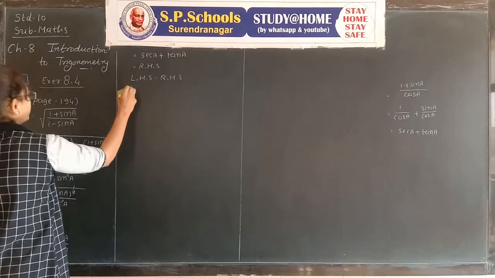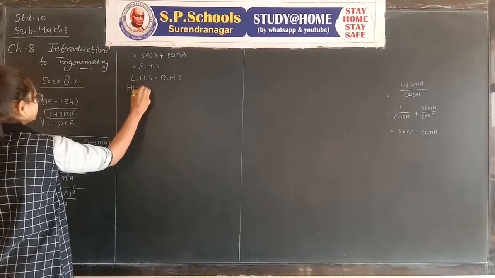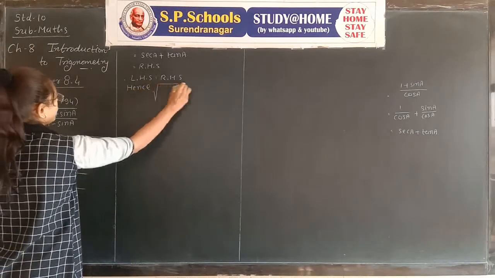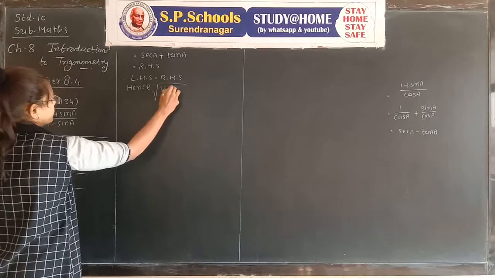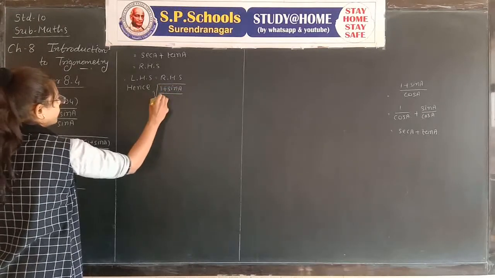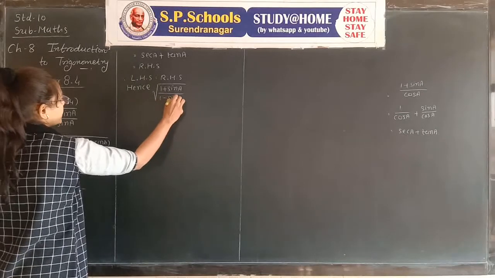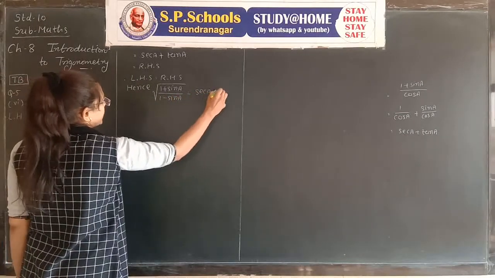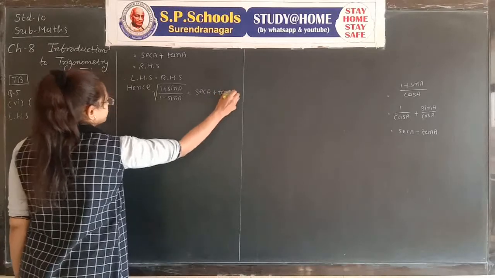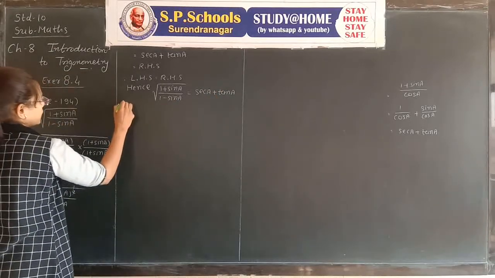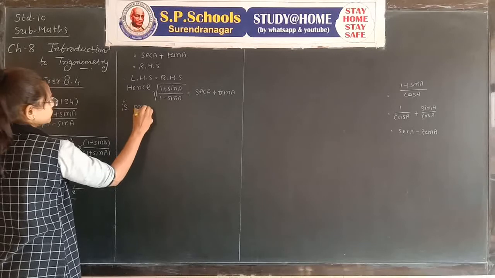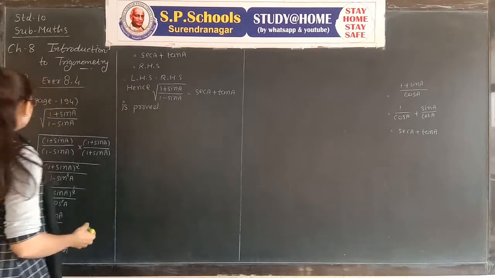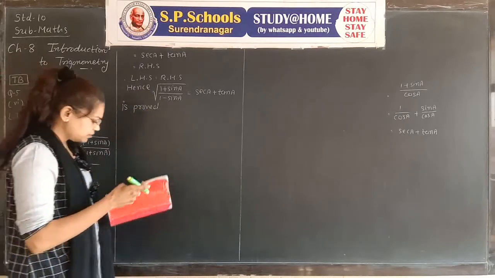That's why our left hand side, square root of 1 plus sin A upon 1 minus sin A, is equal to sec A plus tan A. It is proved. Okay, hence here question 6 is completed.